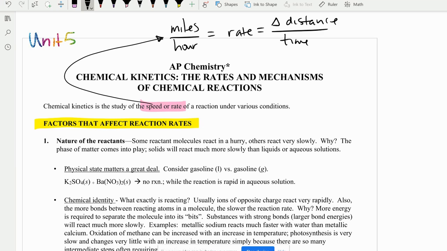Now, before we start talking about the factors that affect how quickly a reaction occurs, I want you to know that in order for a chemical reaction to occur, it has to be what we call thermodynamically favorable. Make a note that just because a reaction is thermodynamically favorable, it does not necessarily imply that the rate of that reaction is fast or rapid. Think about the formation of diamonds.